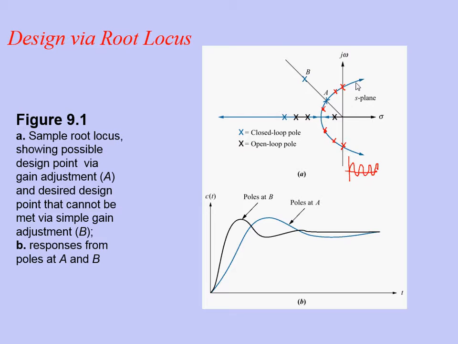But if you go to the right hand side, your system is going to do this, and then it will blow up like that. So you do not want the roots there, but every time you change K, you can only stay on the blue line. The question is, what do you do if you want the roots to be here?